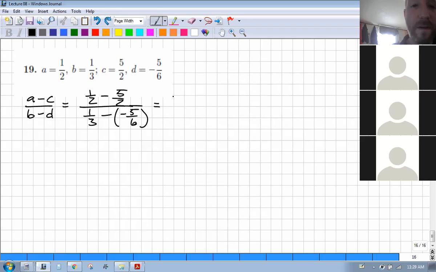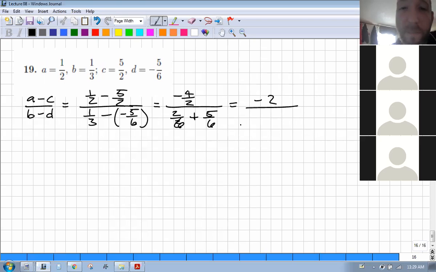So 1 minus 5 is -4. Down here, we don't have a common denominator, but we can rewrite 1/3 as 2/6. We have a minus minus, which is plus. So -4/2 is just -2 on the top. Since we have common denominator of 6 now, we just add 5 and 2 is 7/6.